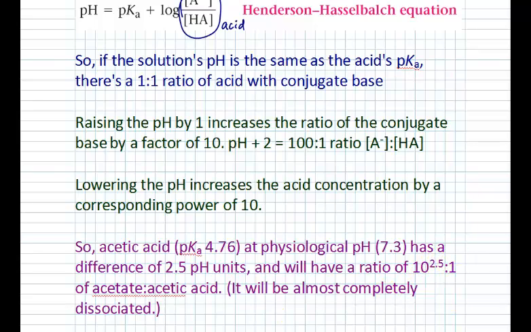So somewhere between 100 and 1,000 times more of the acetate ion than the acetic acid. Okay? In other words, it'll be almost completely dissociated. So if we were to produce acetic acid in a biological system, it would immediately be deprotonated. We would have acetate ions, C double bond O, O minus.